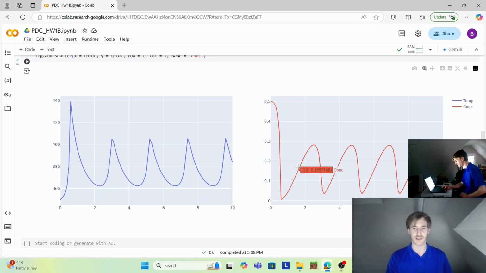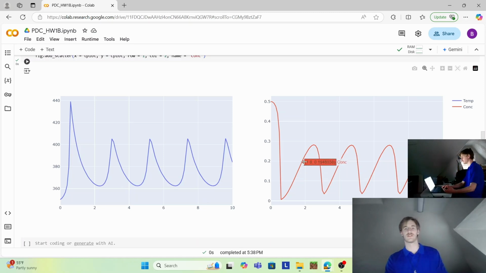When the concentration in the tank rises, the heat produced from the reaction increases, and then the temperature increases, which increases the reaction rate, and then the concentration level starts to fall because it's reacting so quickly, and it keeps on going through this cycle over and over until eventually it might reach steady state, it might not.